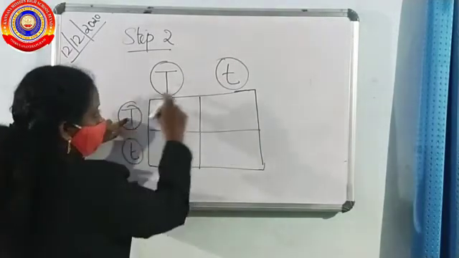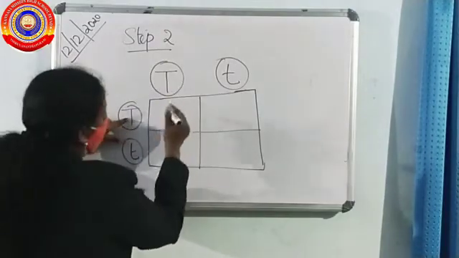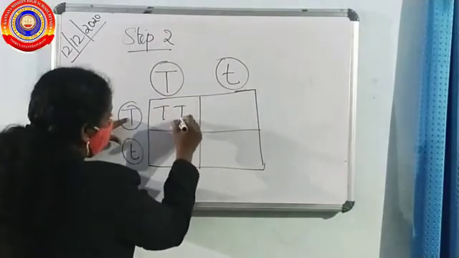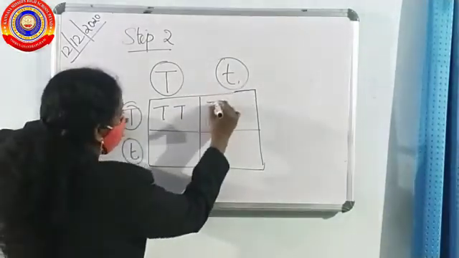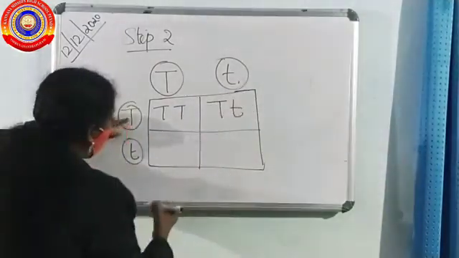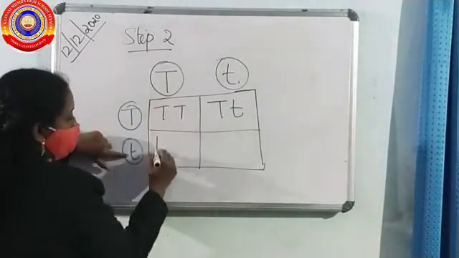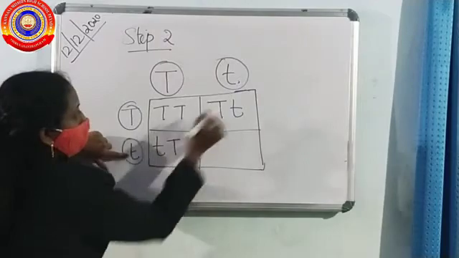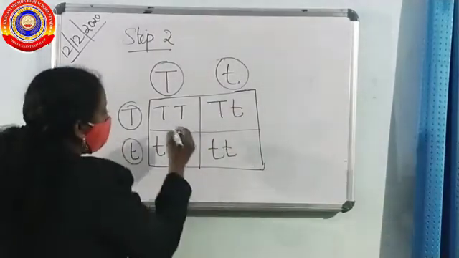Here, in the first box, we got the gametes capital T, capital T. In the second box, we got capital T, small t. In the third box, we got the result small t, capital T. In the fourth box, the result is small t, small t.